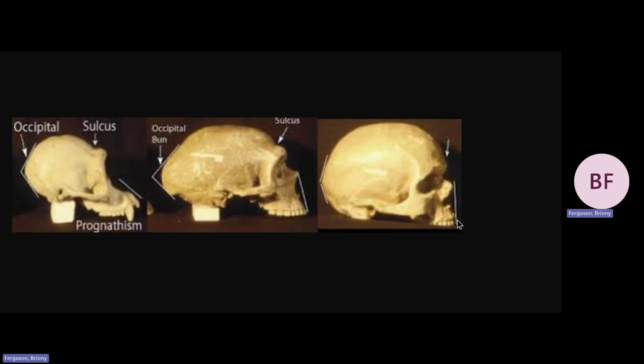It's not perfectly straight. And some of this is actually dependent on ancestry. So some ancestral groups have slightly more prognathism than others, but it's not anywhere near as extreme as what we see in our other human ancestors, especially in our early human ancestors.